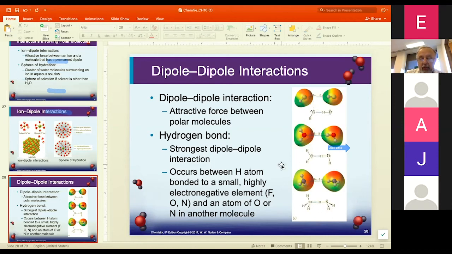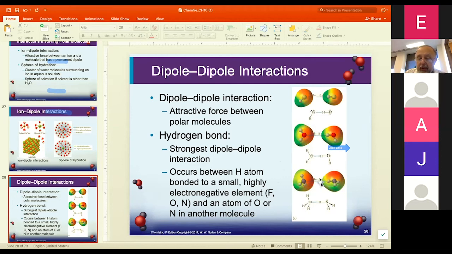Because the London dispersion forces are weak, these are much larger than that, and they are going to be the ones that determine how much total intermolecular force there is within the molecules. The other example here is NH3, and NH3 also has hydrogen bonding.